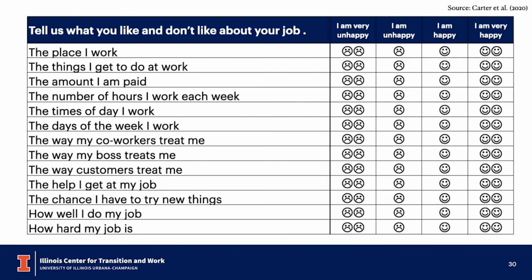Each of these is rated from I'm very unhappy to I'm very happy with each aspect of the job. And of course, following from the previous point about multiple approaches, you could combine this rating scale with open-ended questions, with direct observations, or through interviews with others at the job site to get their feedback as well.